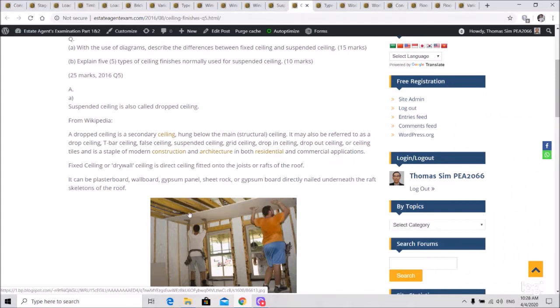Then the fixed ceiling is a piece of wood or plywood or gypsum board being fixed onto the beams. So our scenario here in commonly condominium apartment style is a slab, the cement slab, and then we have plaster ceiling, which is actually suspended ceiling.